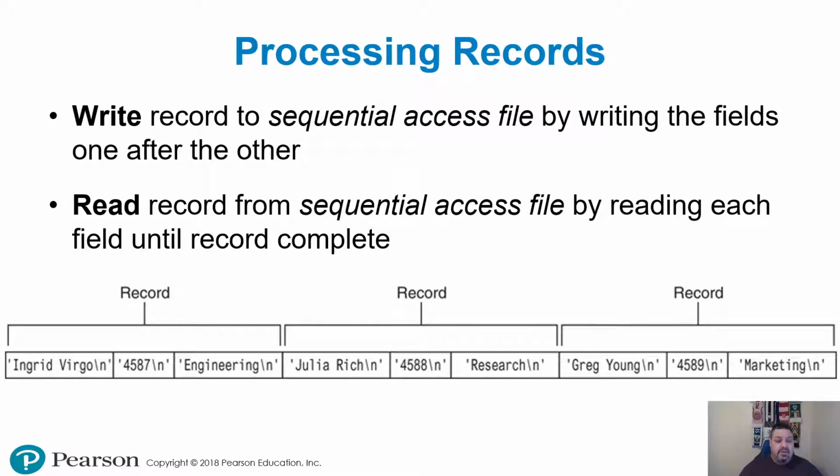They're effectively records, and each field is separated by a tab or a comma, and each record is separated by a new line. And we'll get there when we talk about lists. But again, if you're writing, you write sequential access by writing each one of those fields for all records, one right after the other, and you read the same way. Okay?